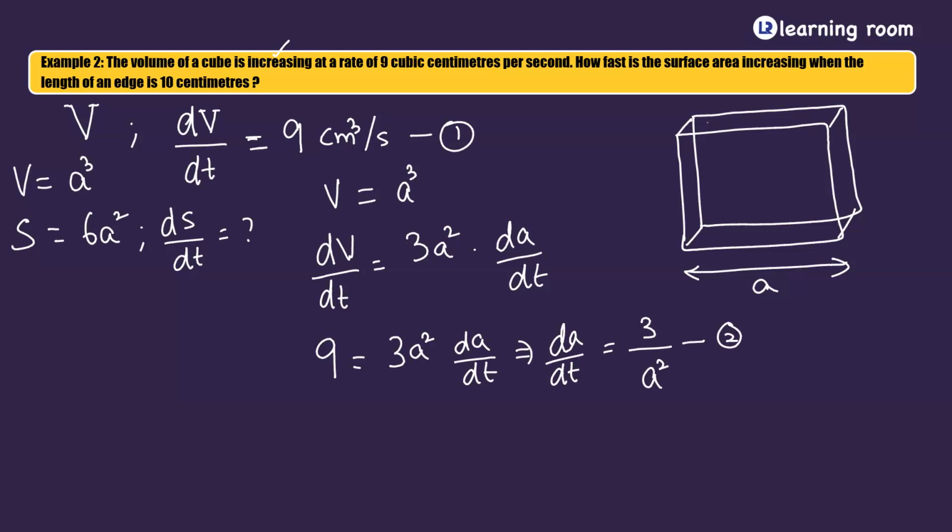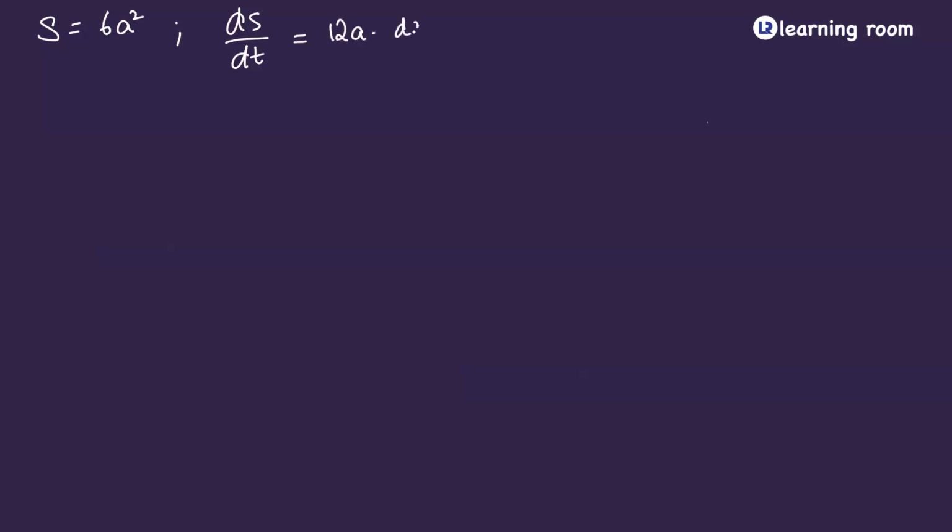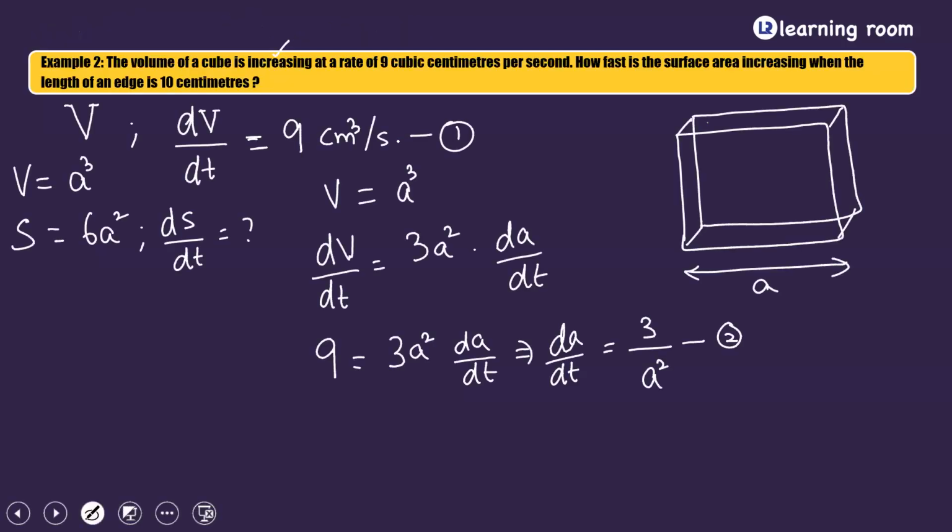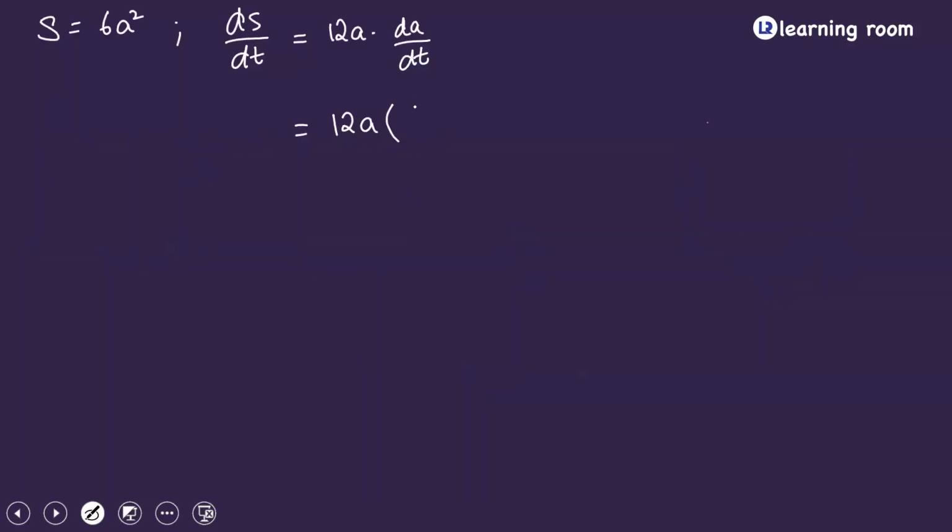Having said this, if I know S is equal to 6a square, I need to find dS by dt, which is going to be 12a into dA by dt. Don't forget this, because I am differentiating with respect to time. So it is going to be 12a into, from the previous step, we know that dA by dt is 3 by a square. Plug it in. 3 by a square. a and a will get cancelled.